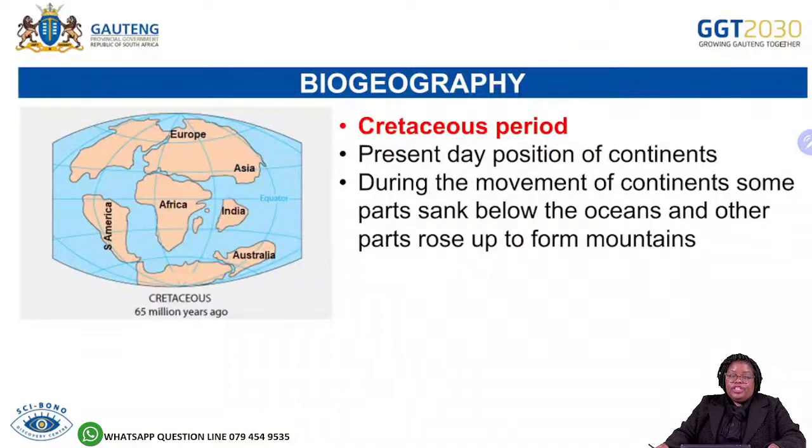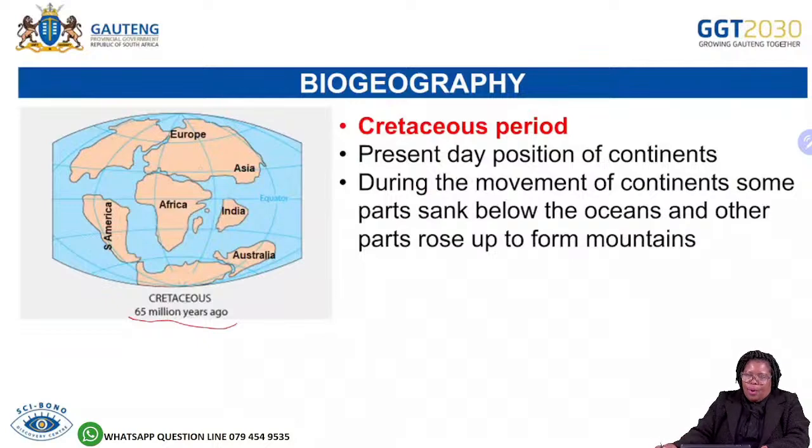Then the Cretaceous period, that is 65 million years ago, we had one large mass, the Pangea, that divided into two, right? Now, as time goes on, due to evolution, what happened? We are now at the present day position.